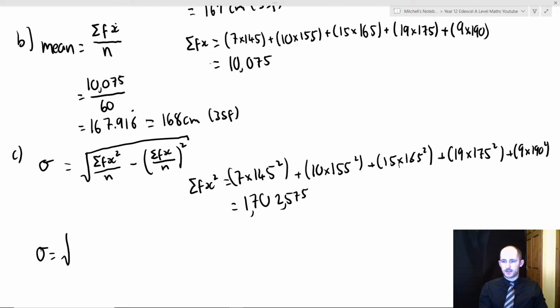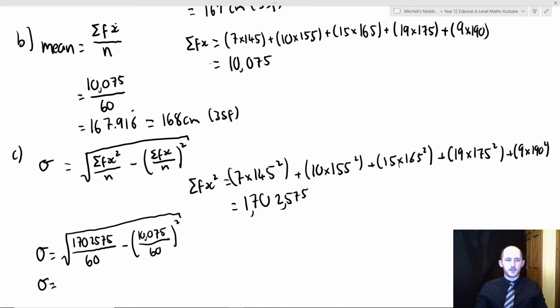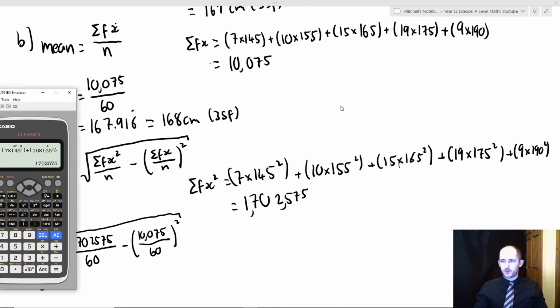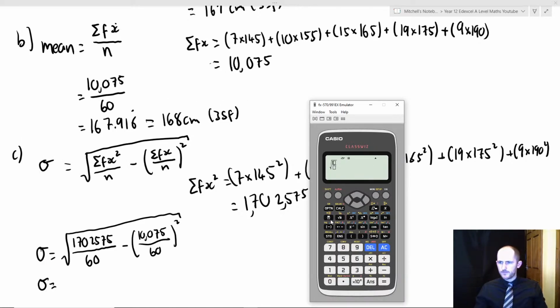So sum of f of x squared is 1,702,575 over 60 minus 10,075 over 60 squared. Again, super easy to make a mistake. Okay, so let's try and be smart about this.